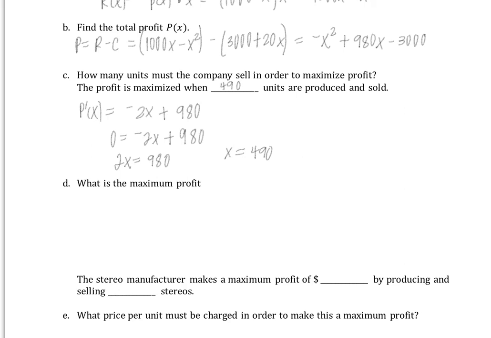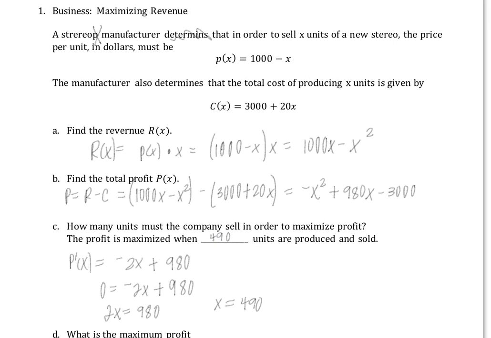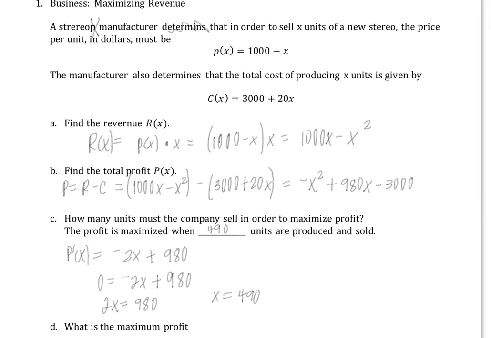To find out what that maximum actually is, you would want to plug 490 back into your original function. Well, what original function? We have a price function. We have a cost function. I ended up finding a revenue function. But we're looking for the maximum profit. So you plug it into the original profit function, okay, which is that negative x squared plus 980x minus 3,000.